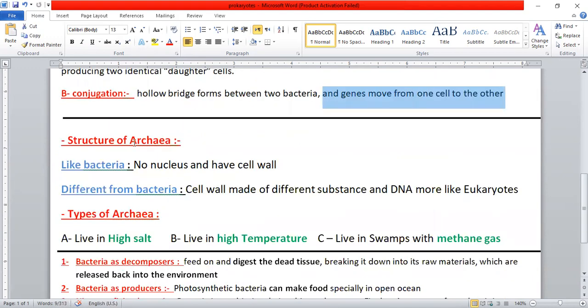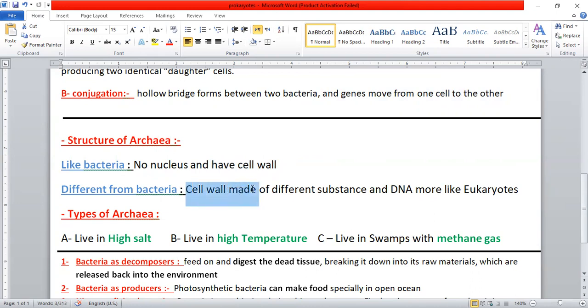Now to the archaea. All you need to know about the archaea is that archaea also are prokaryotes. This is how the archaea is similar to bacteria. It's a kind of prokaryotic organism without a nucleus, and it has a cell wall also like bacteria. But archaea are different from bacteria in the cell wall.